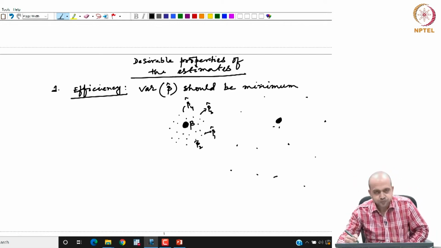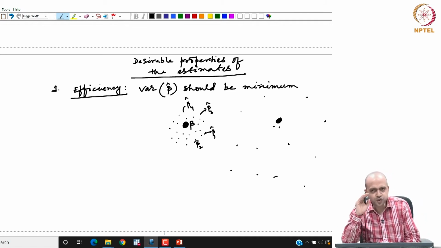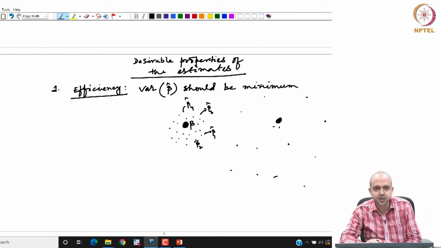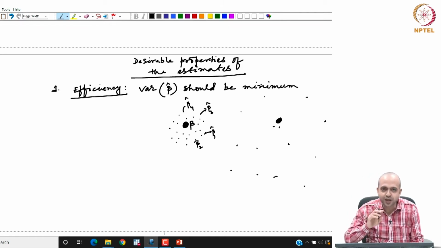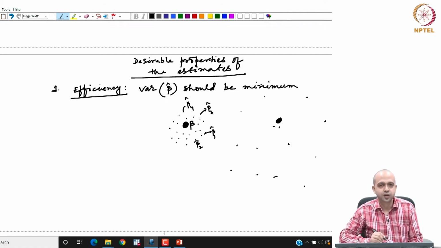So, when my objective is to draw inference about the true population parameter with the sample statistic, my sample statistic should lie as close as possible to the true population parameter beta. Then only we say that there is preciseness in our inference.